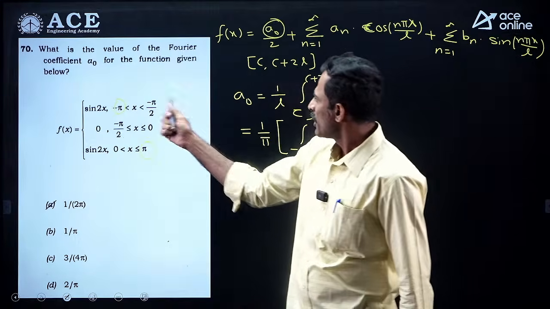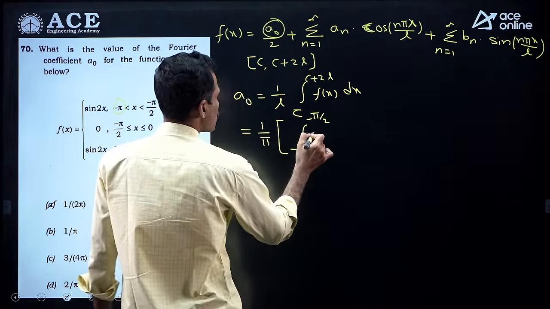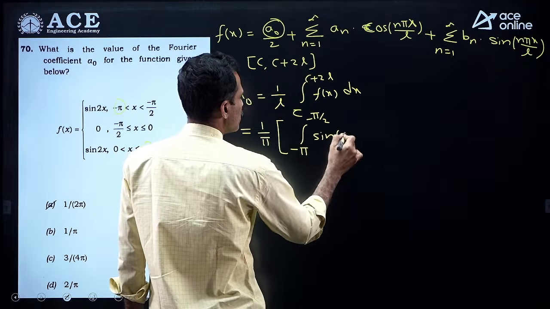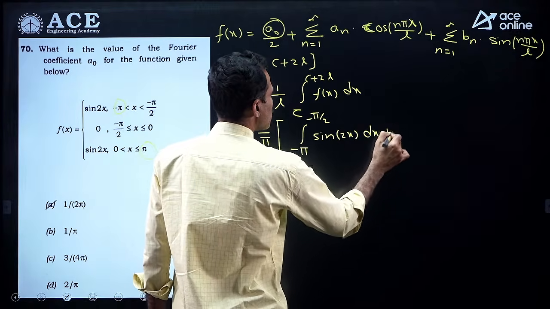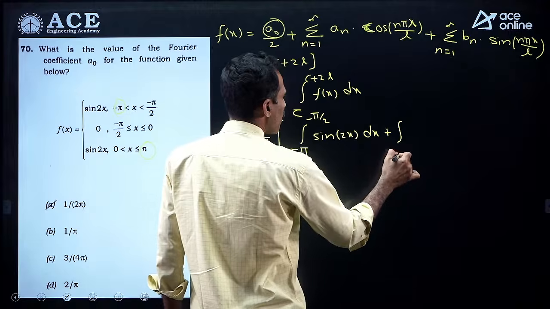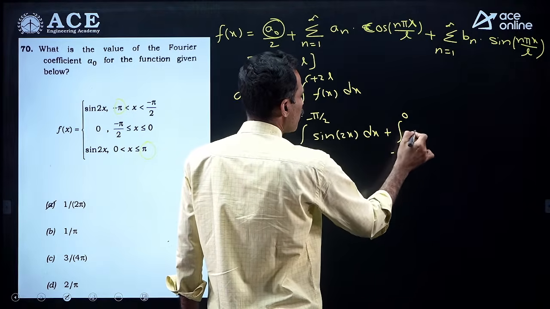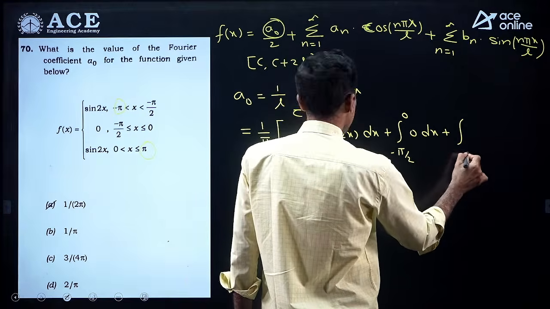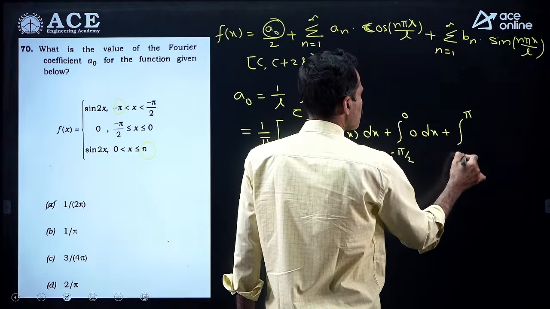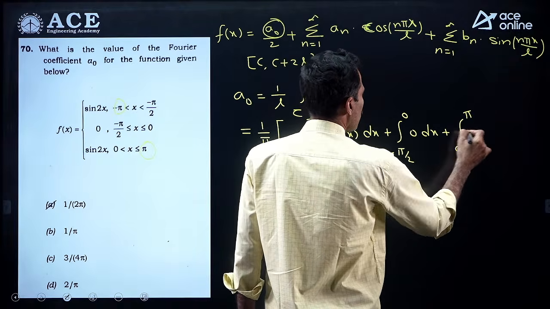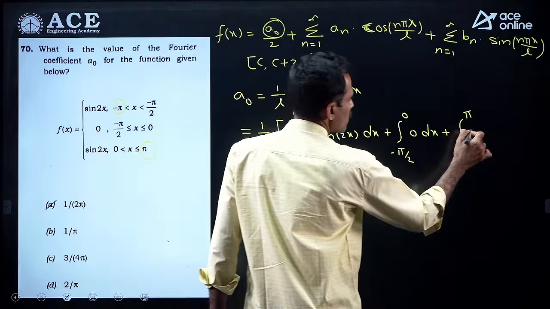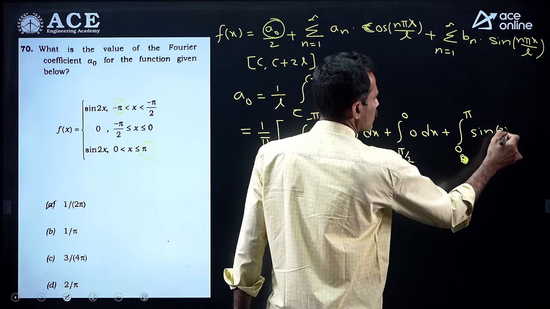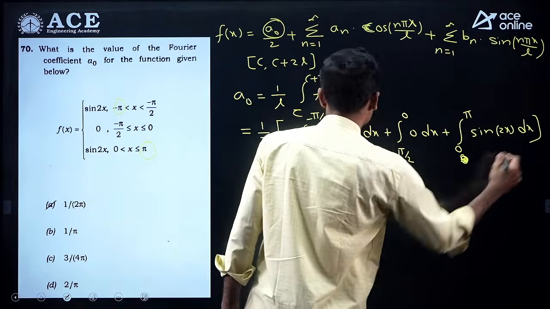In the interval minus pi to minus pi by 2, the function is sin 2x dx, plus the integral from minus pi by 2 to 0, where the function is 0, plus the last part from 0 to pi, where the function is sin 2x dx.